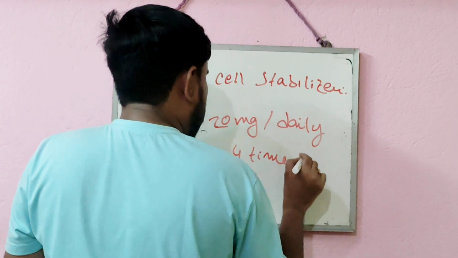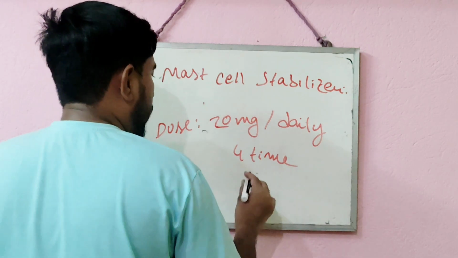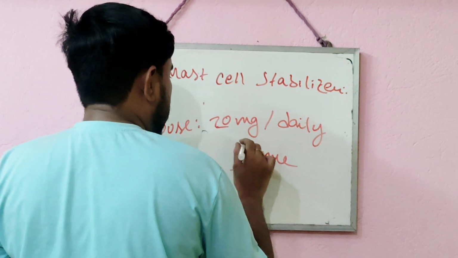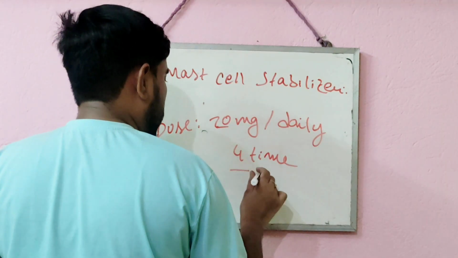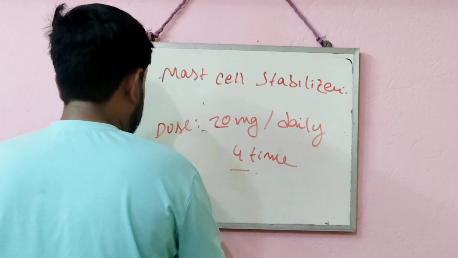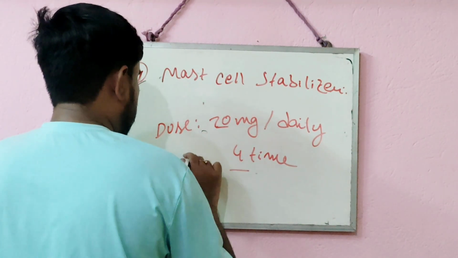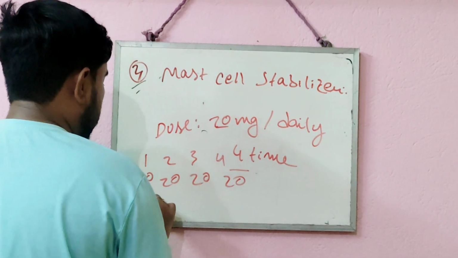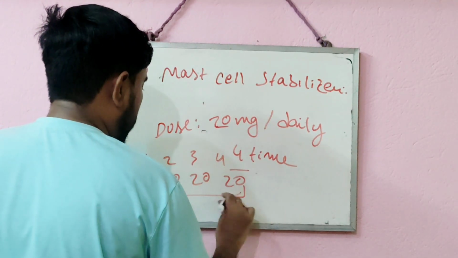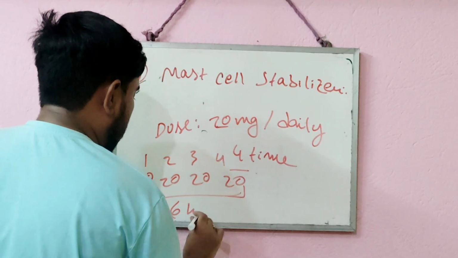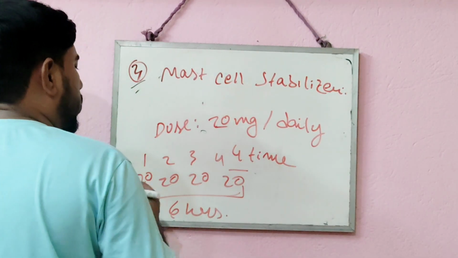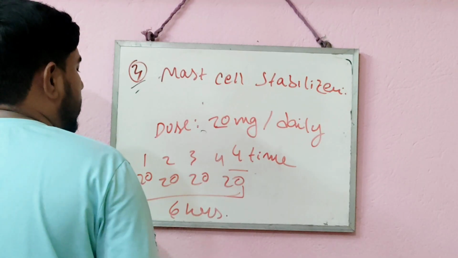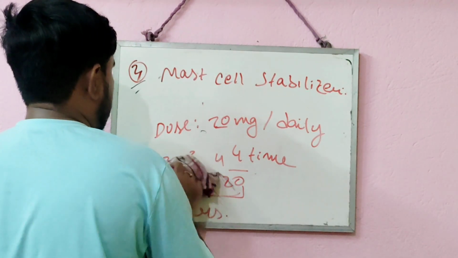That means first time 20 mg, second time 20 mg, third time 20 mg, fourth time 20 mg, like that 4 times in one day, with a gap of 6 hours, so that sodium cromoglycate can show its action as an anti-asthmatic drug and can treat asthma.